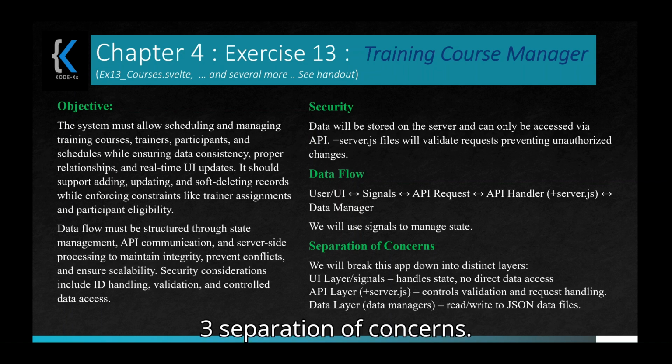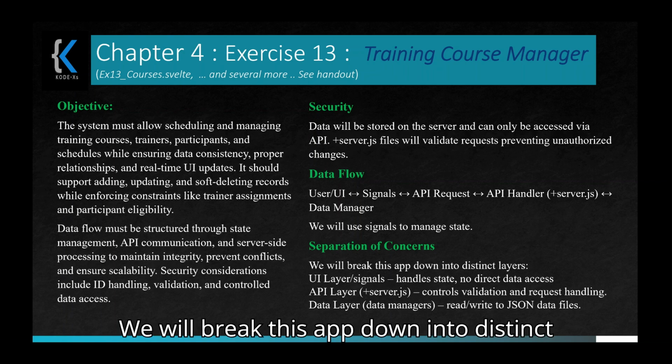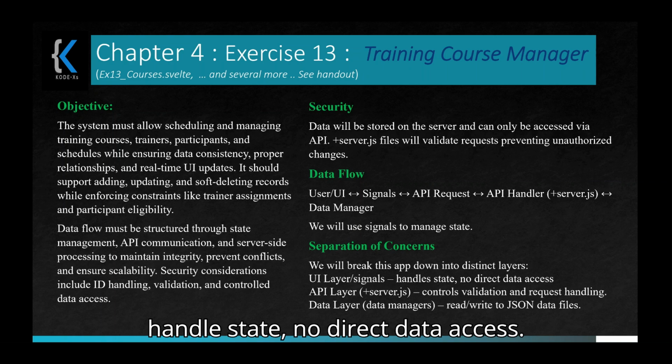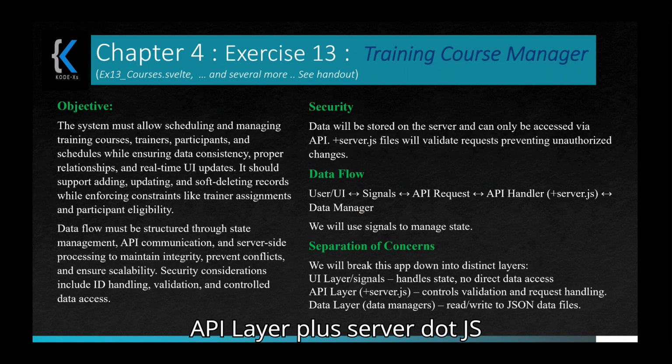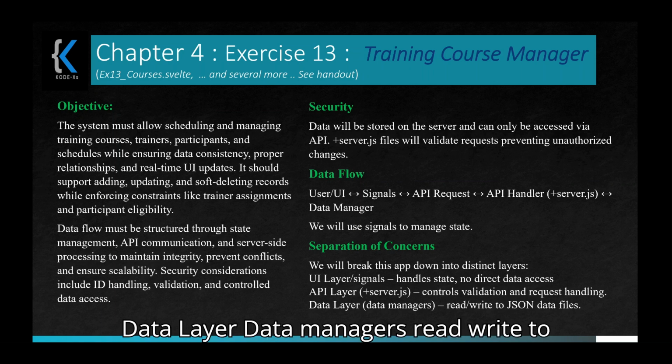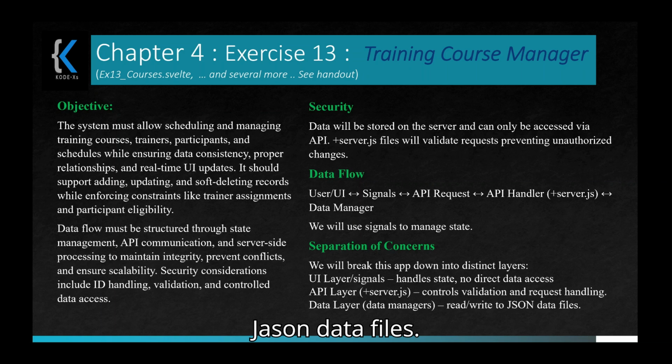3. Separation of concerns. We will break this app down into distinct layers. UI layer: signals, handles state, no direct data access. API layer, plus server.js: controls validation and request handling. Data layer: data managers, read-write to JSON data files.